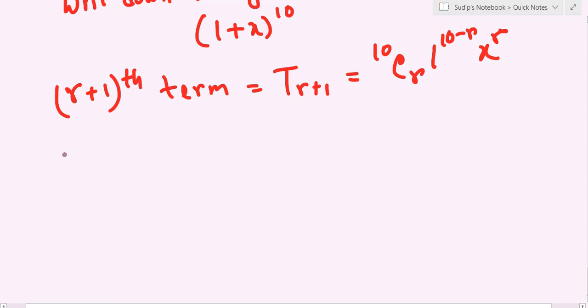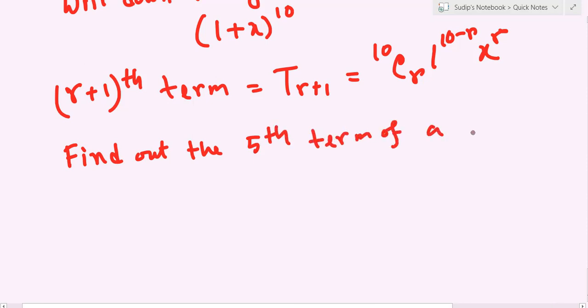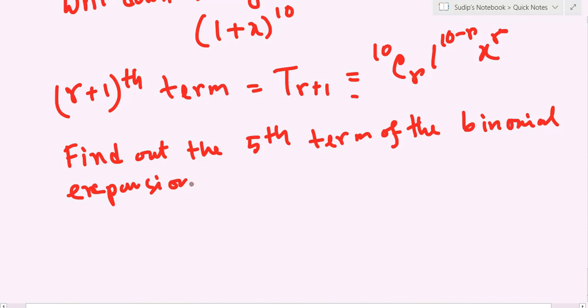And from this, if you are told to find the 6th term or 5th term of the binomial expansion of (2 plus a) whole to the power 11, then what you have to do is write the fifth term.